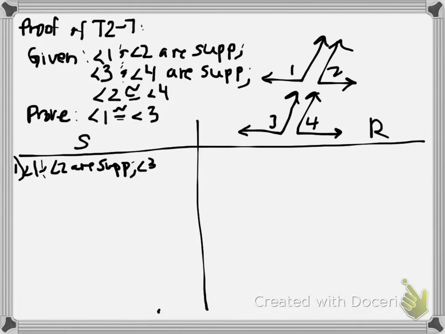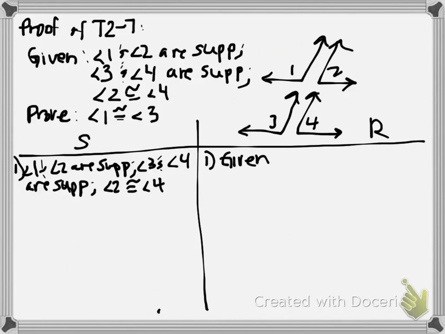Angle 3 and angle 4 are supplements. And angle 2 is congruent to angle 4. That's all given. So what's probably the most important word that you heard in statement number 1 that we could use to build off of?